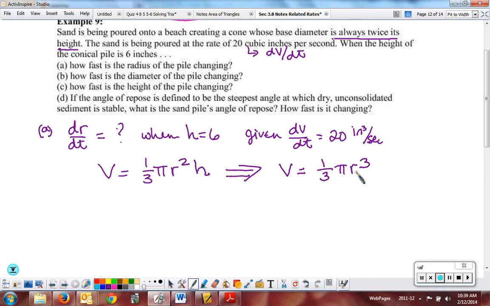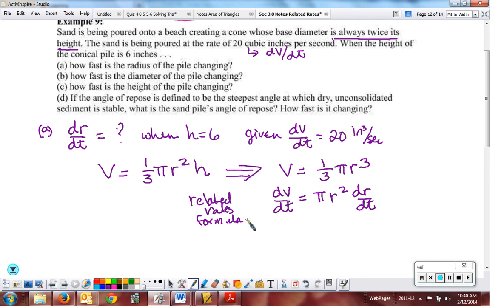All right, now that I have a formula, what do I do? Take your derivative: dV/dt equals pi r squared dr/dt. So I get my formula relating the variables. I now have my related rates formula.